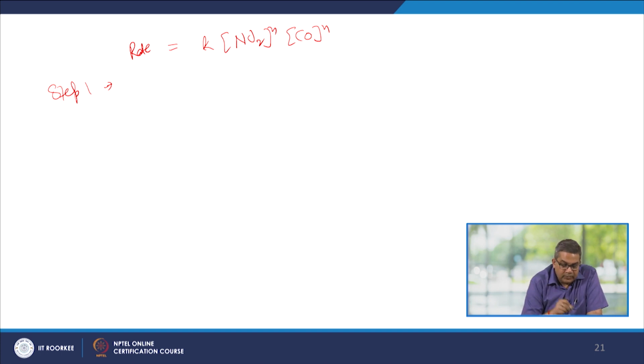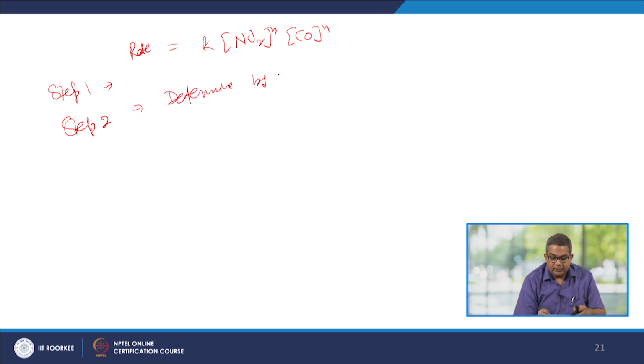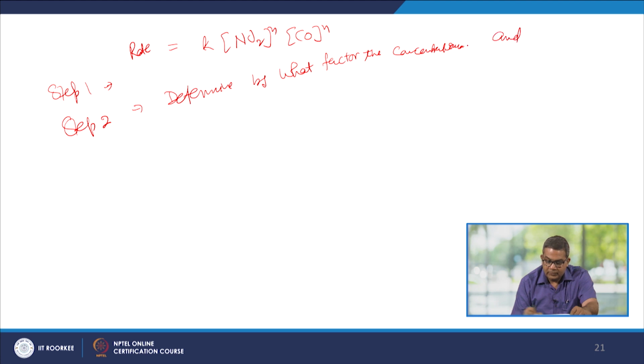Now another step: determine by what factor the concentration and rates change in these experiments, maybe experiment 1 and 2.